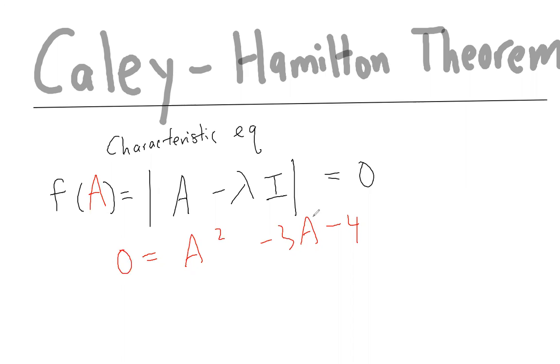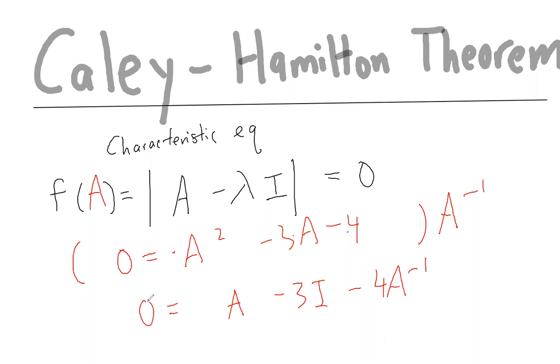I'm going to multiply the whole equation by the inverse matrix, putting it in front of each term. So inverse matrix times A squared gives A. Then -3 times inverse matrix times A itself gives the identity matrix, I. And -4 times the inverse matrix is just like this, equals 0.